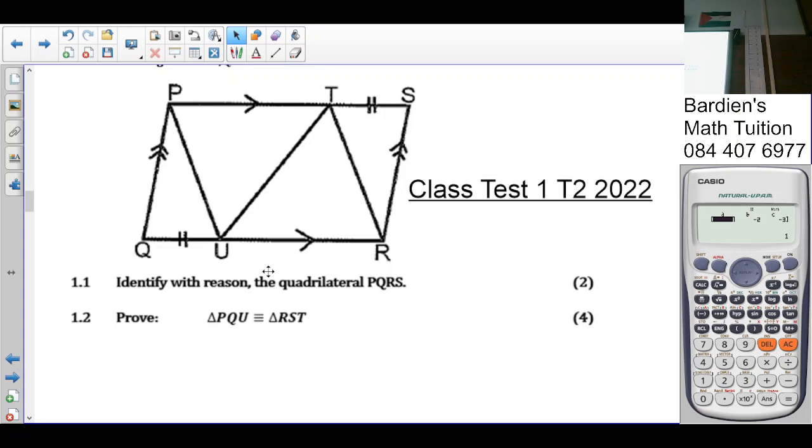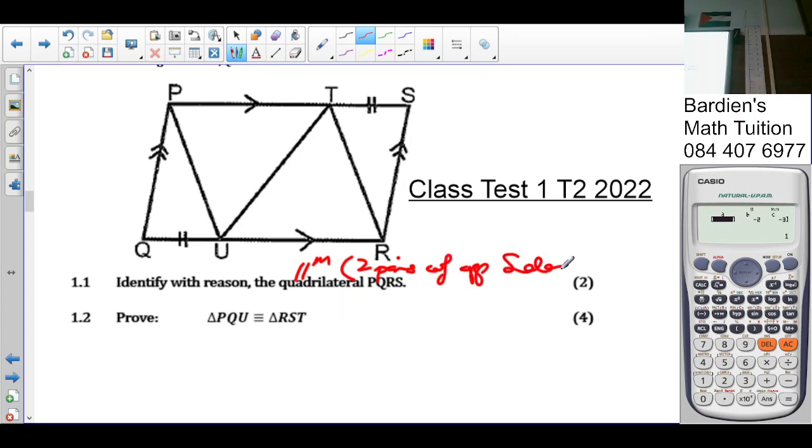So it's a parallelogram. Why? Because two pairs of opposite sides parallel. That's why it's a parallelogram.